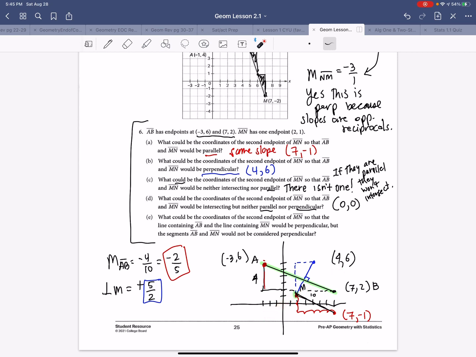So they're asking what could be the coordinate of the second MN so that the line containing AB and the line containing MN would be perpendicular, but the segments would not be.